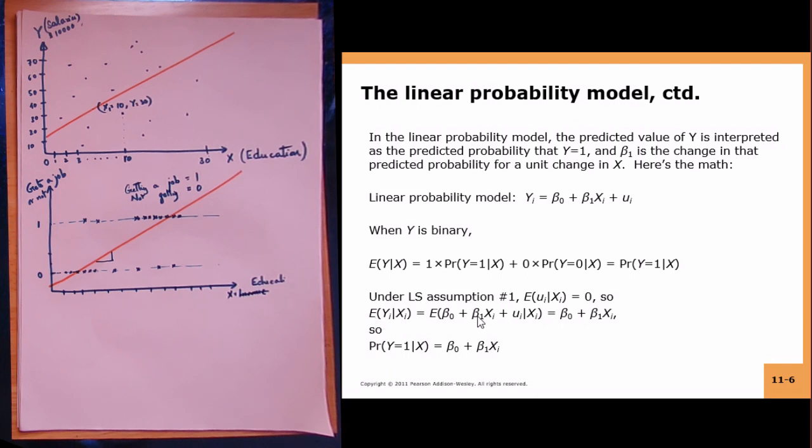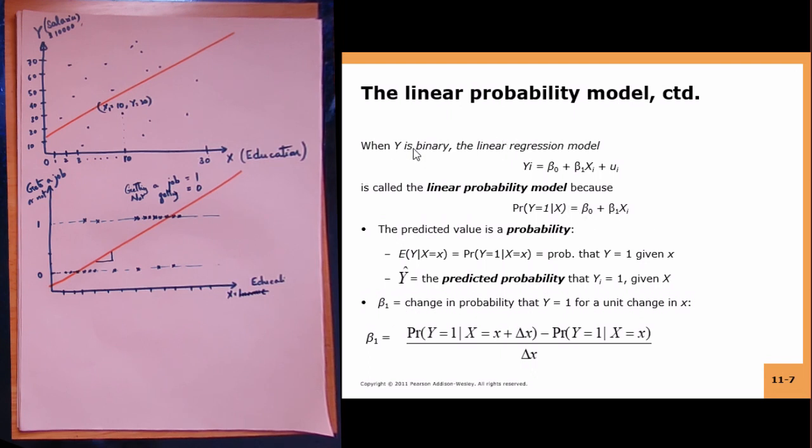So you have the expected value of beta 0 plus beta 1 x_i plus u_i given x_i, but since the expected value of u_i given x_i is equal to 0, you just have the first part of this term, that is the expected value of beta 0 plus beta 1 x_i. And so on your left hand side, you have the probability y equals 1 given x is equal to beta 0 plus beta 1 x_i. So this is your linear probability model.